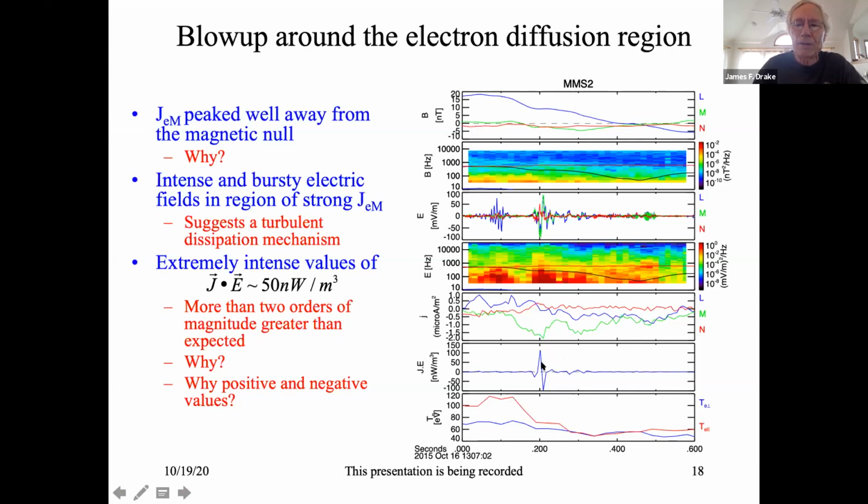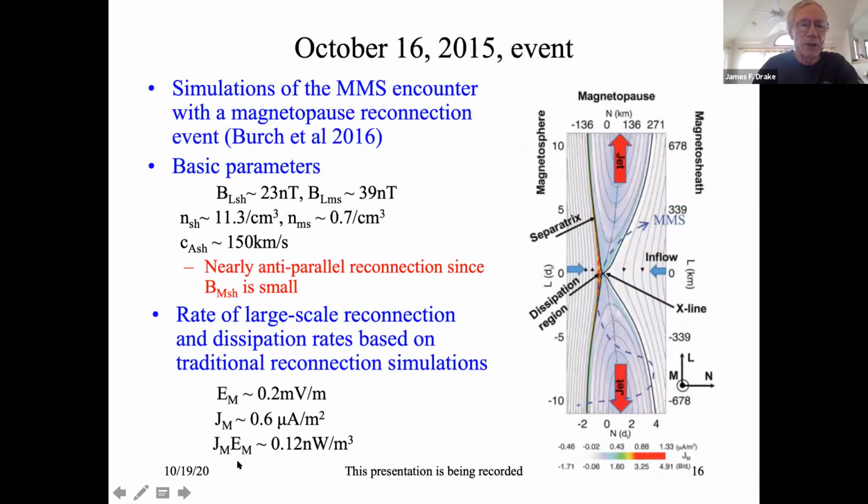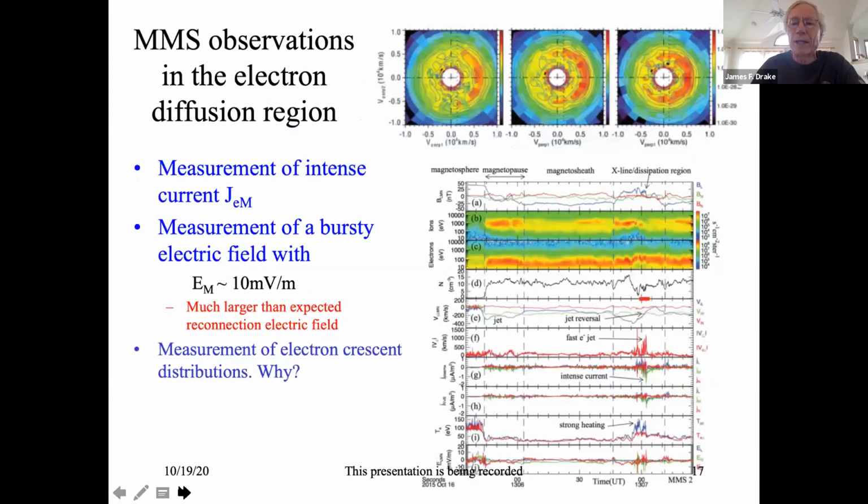And not only that, it's taking on values up to 100 to 150 nanowatts per meter cubed. And remember, what I told you to expect based on predictions was 0.12. So the theoretical models were off by more than 2 orders of magnitude, and that's a very sobering thing.